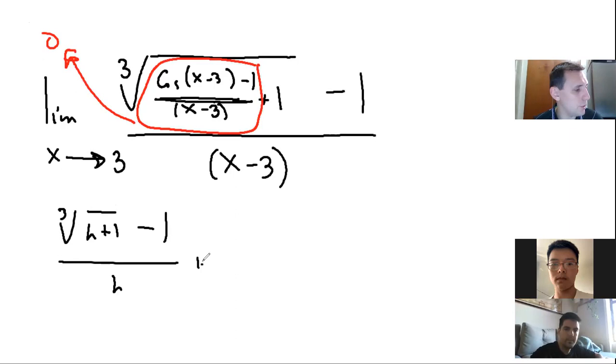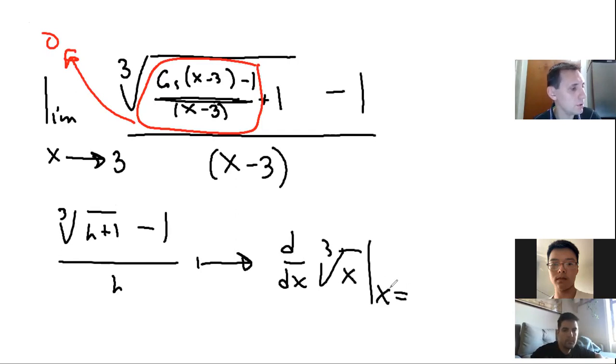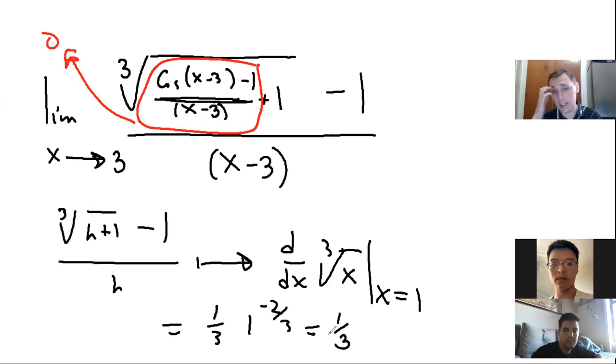And therefore, he thinks that the answer is the derivative of the cube root of x, where x equals 1, which is simply 1/3 times 1 to the power of minus 2/3, so the answer would have been 1/3. Okay, that would have been the answer, right? And maybe Kirill is thinking of something else.